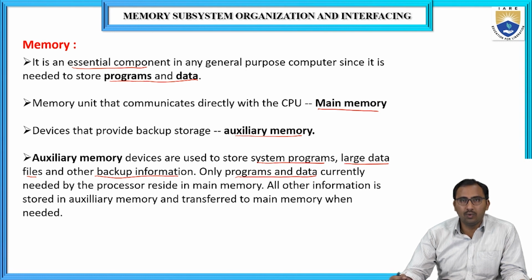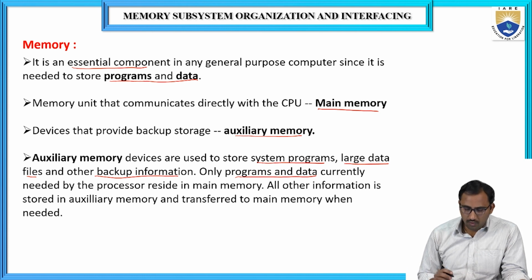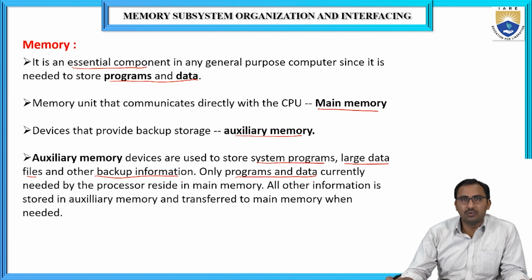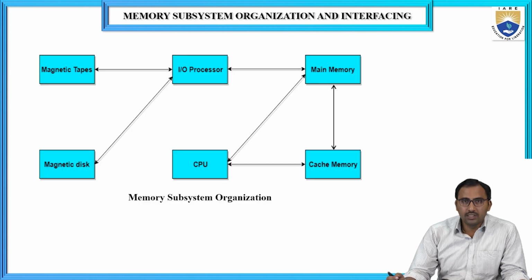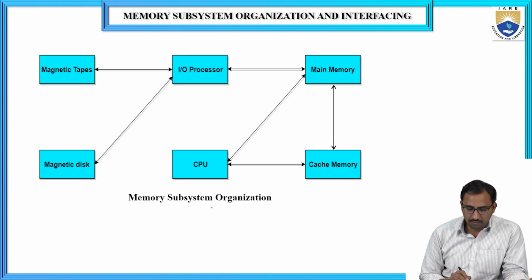Whenever the CPU requests the programs and software, those unused programs and software will be copied from the auxiliary memory to the main memory whenever the CPU requires. So that is the purpose of using the auxiliary memory. Auxiliary memory can be used only for backup purposes. So this is the memory subsystem organization.